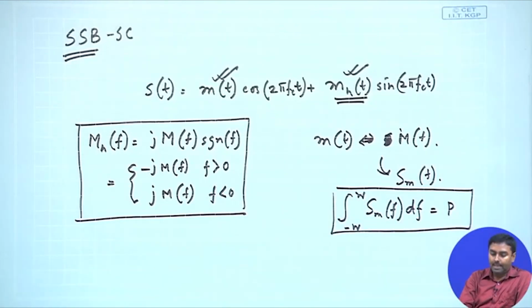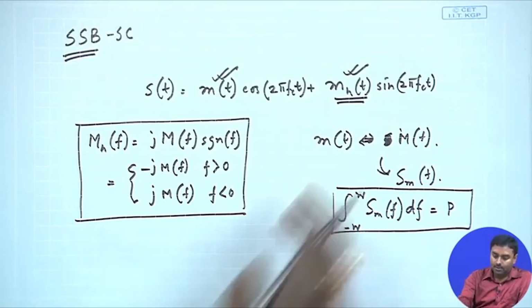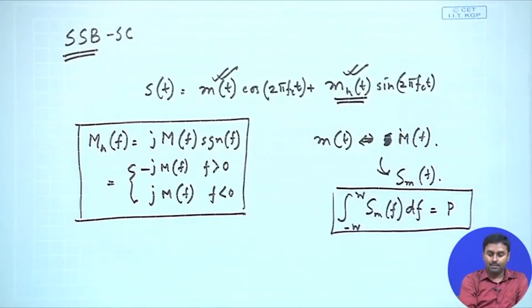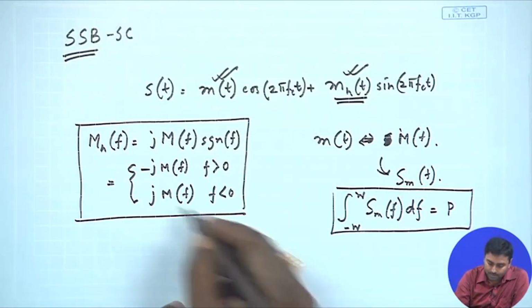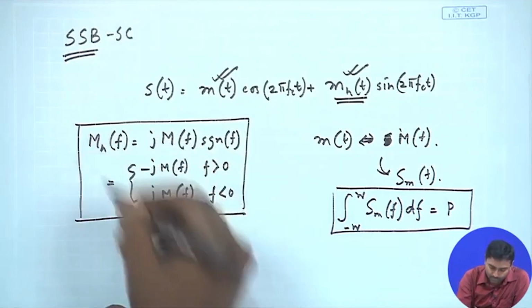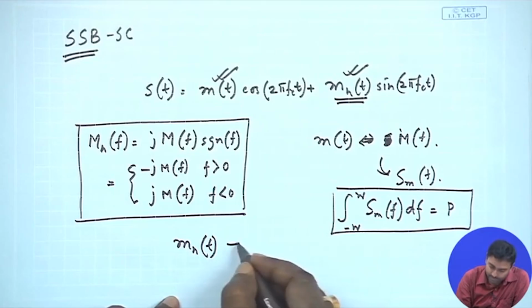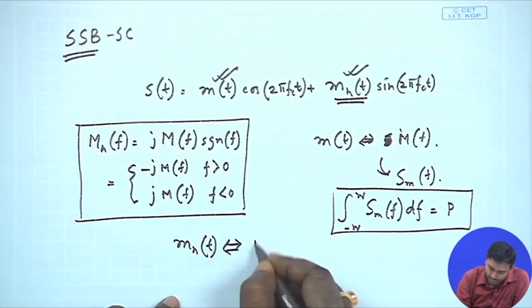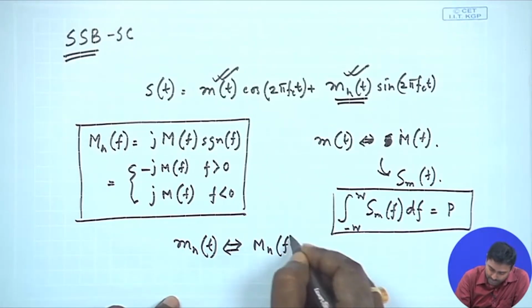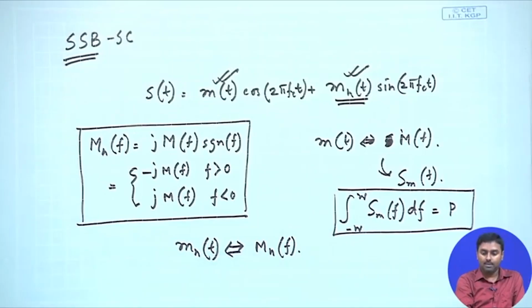Okay. Now, let us try to see what will happen to m_h. Immediately we have already told that m_h(t) must have a Fourier transform which is M_h(f), okay, which looks like this.